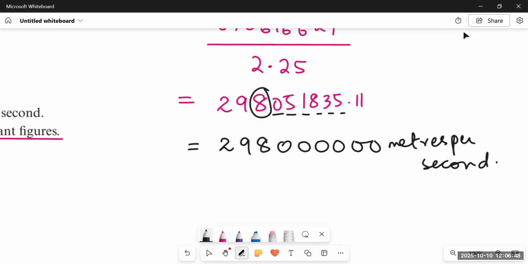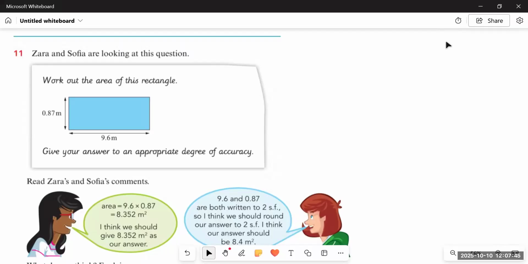Now let's move to the next question. The next question says, Zara and Sophia are looking at this question. What is happening in this question?